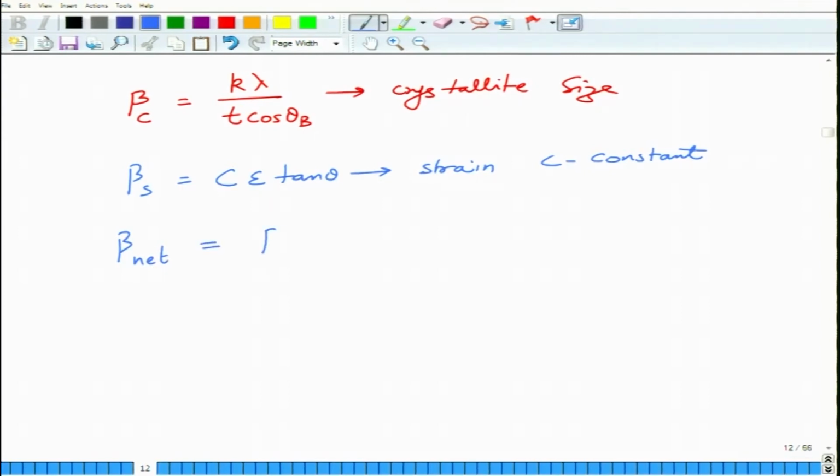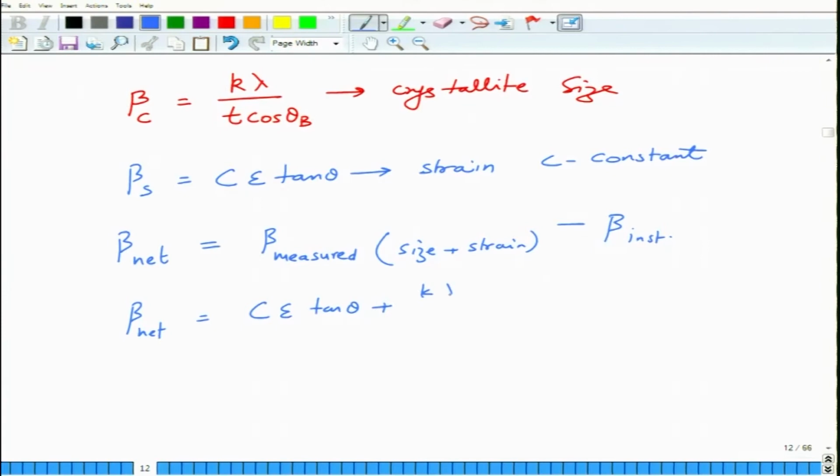Okay. So, beta net happens to be beta measured, which is because of size, minus beta instrument. So, it turns out that beta net is equal to C epsilon tan theta plus k lambda divided by t cos theta, and minus beta naught, of course.